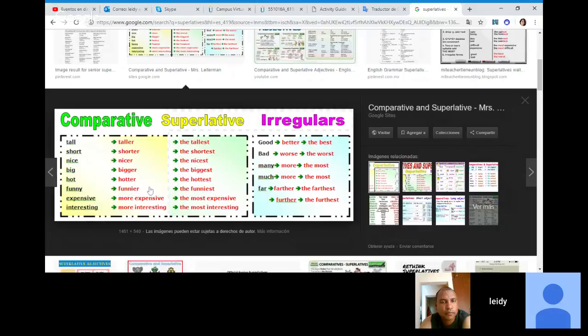But when you compare one person with the other one, you say, he is funnier than. Yes? Now, what do you think about expensive?